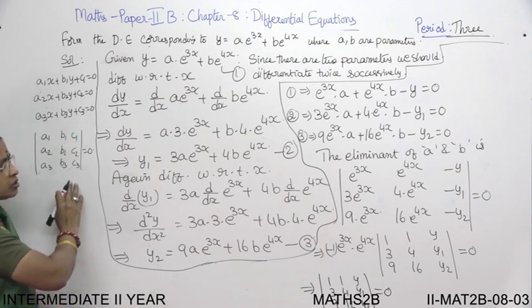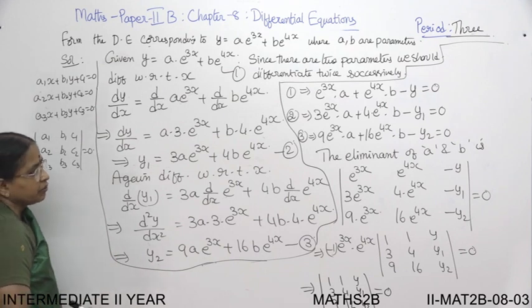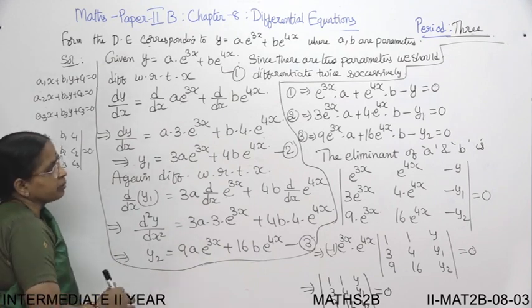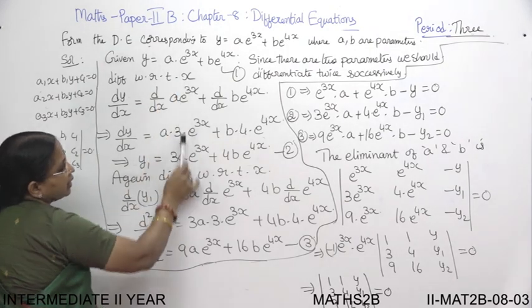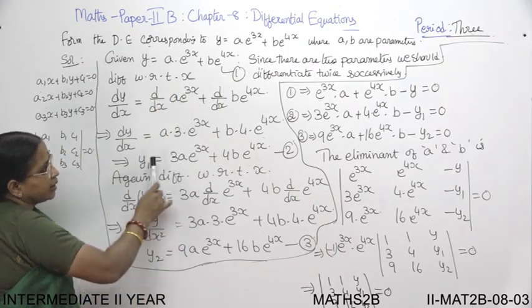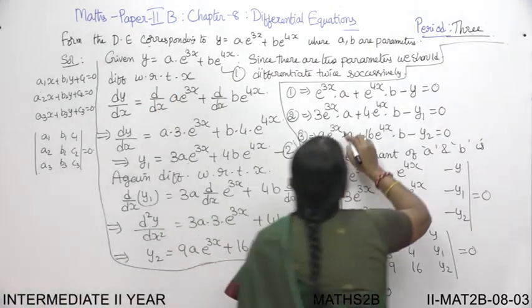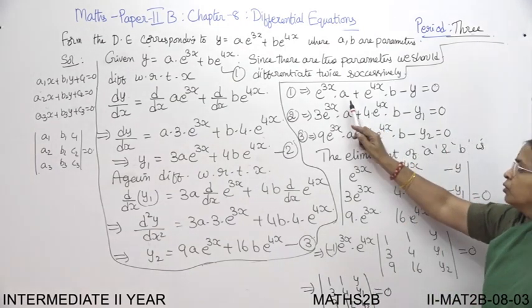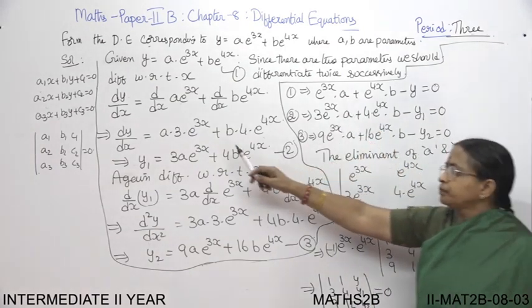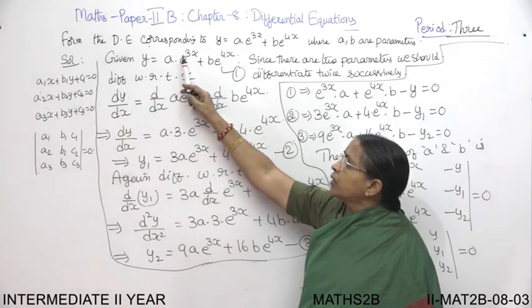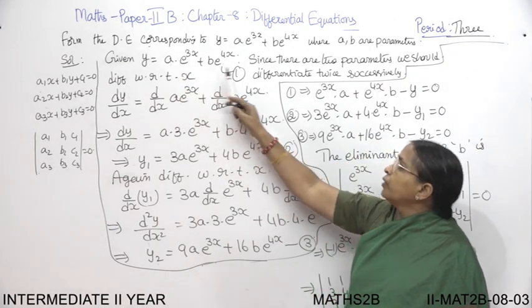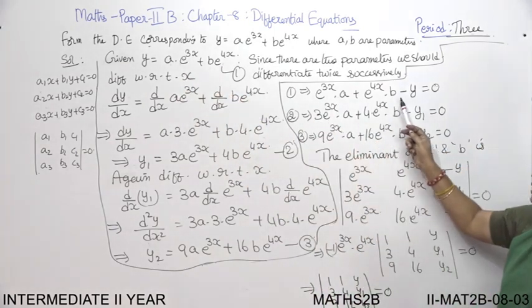So you can use this concept here to eliminate the constants a and b. For that sake, you write these three equations in terms of two unknowns, a and b. So you write this as e power 3x into a, plus e power 4x into b, minus y is equal to 0.